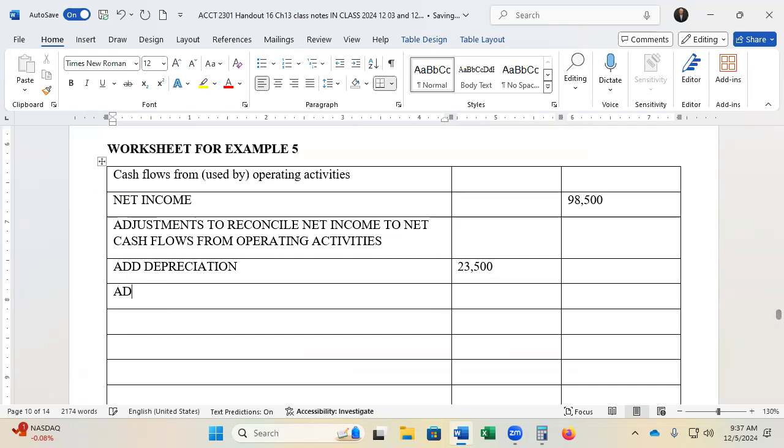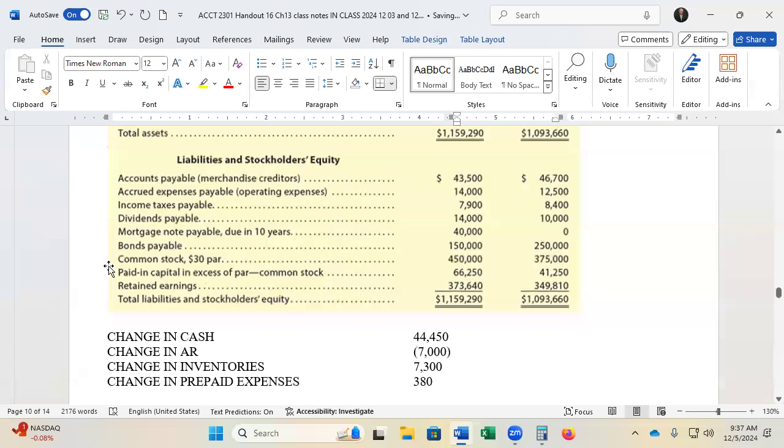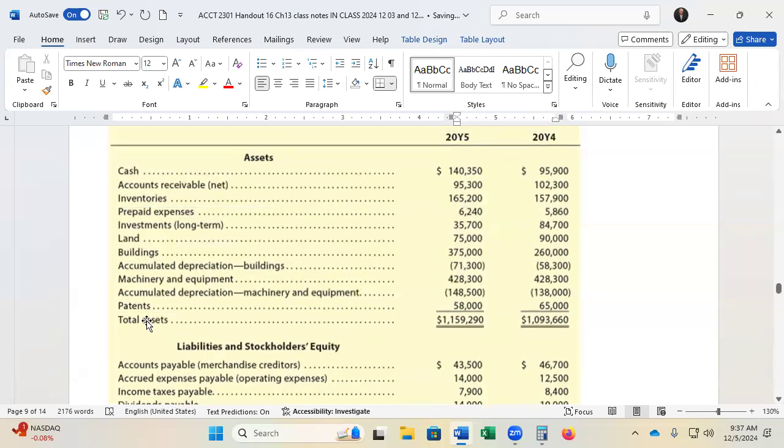Now we're going to add amortization. We find amortization by looking at the specific related accounts to intangibles.